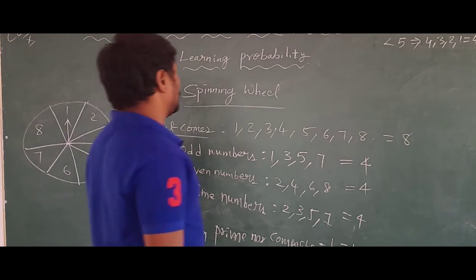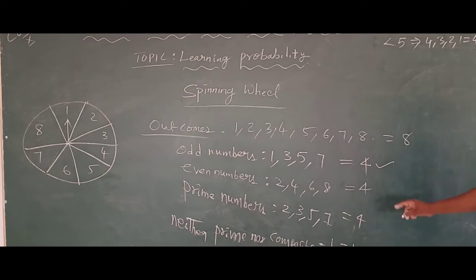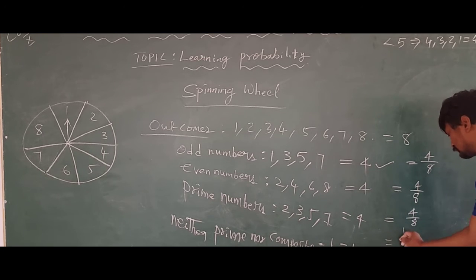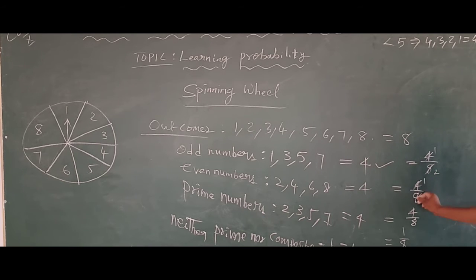Okay. For example, first, what is the probability of getting an odd number? Total favorable outcomes 4, total number of outcomes 8. So 4 upon 8, and on cancellation you get 1 upon 2.